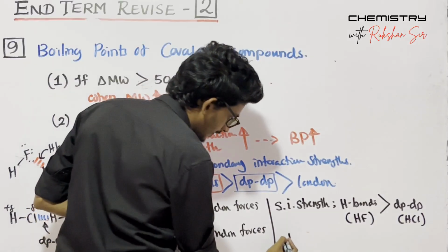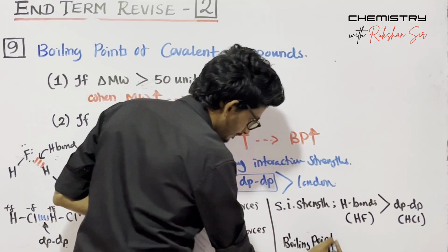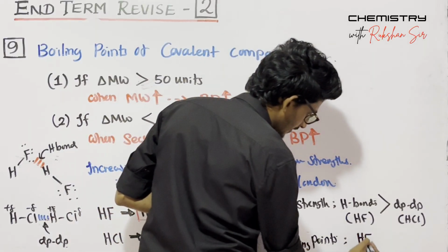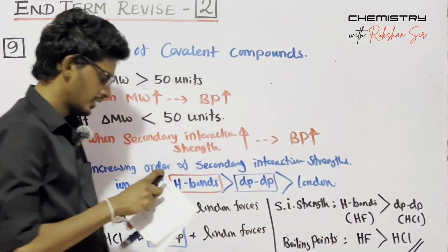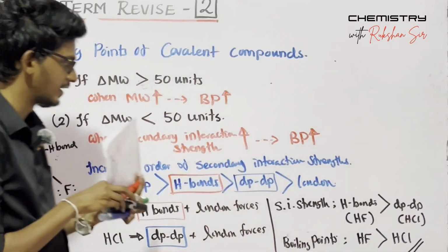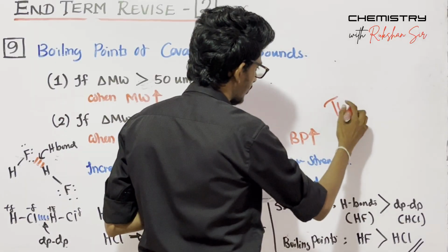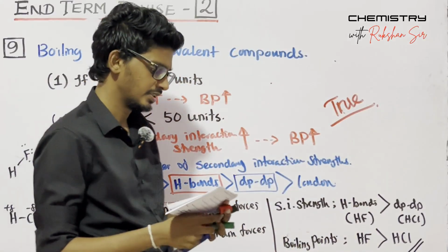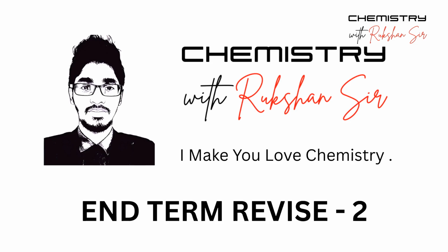So we can say when it comes to boiling points, HF has a greater boiling point than the HCl, right? So what the statement says, boiling point of HF is greater than that of HCl. So the statement is true. That is the review for question number 9, or statement 9.